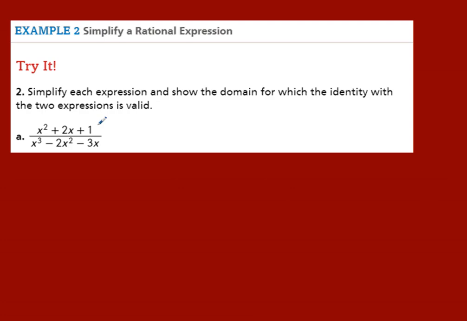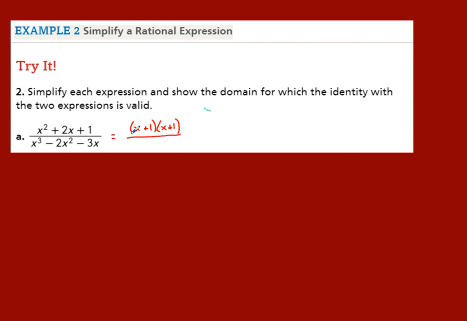Let's look at the next example here. Simplify each expression and show the domain for which the identity with the two expressions is valid. All right. So the first thing that I'm going to do is factor. Factor everything. So this top will factor into x plus 1 times x plus 1.